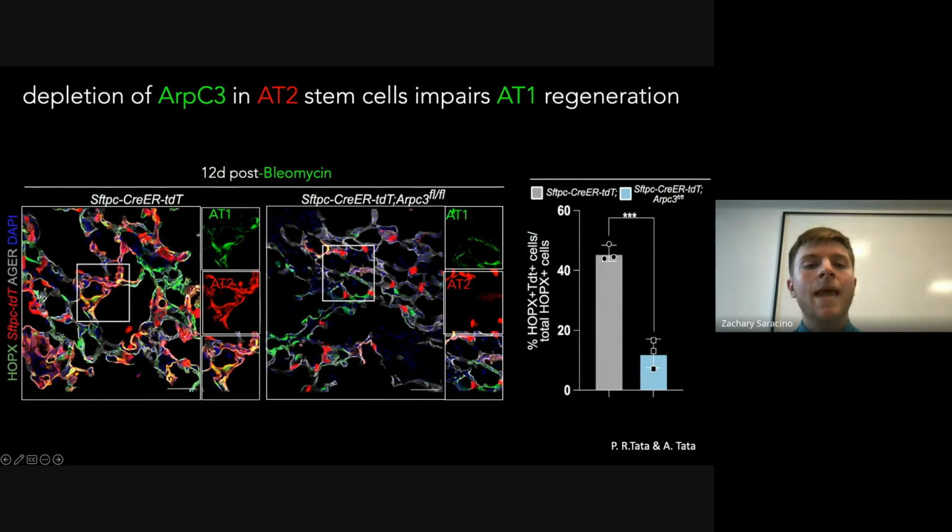So this led us to ask the question, if AT2s are not able to move after injury, what happens to the regeneration of AT1 cells?